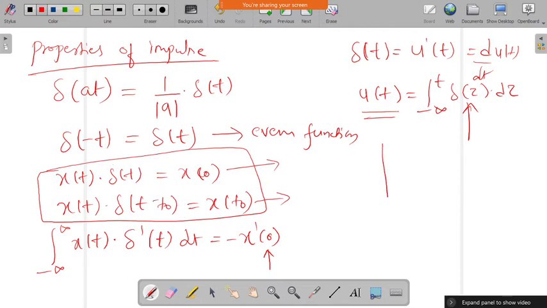Let us take an example where x of t is like this, with points at 0, 1, 2.